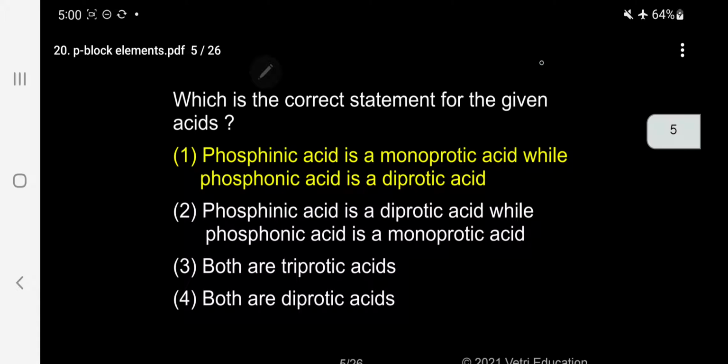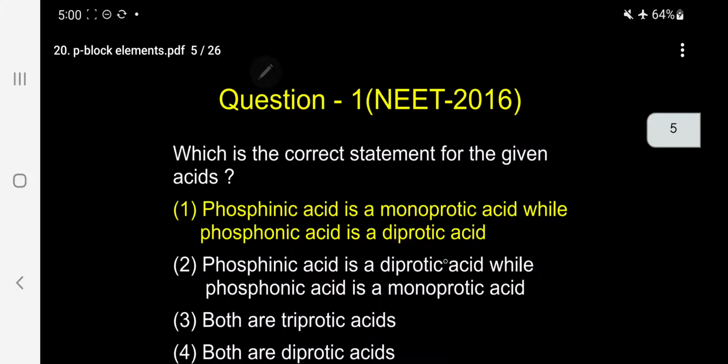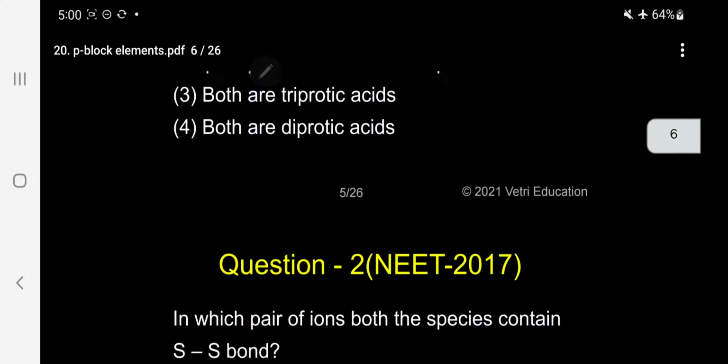So A is the correct answer for this question. This is asked under the nitrogen family, coming under phosphorus.